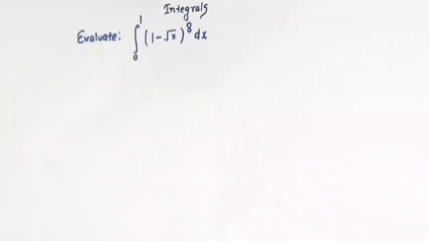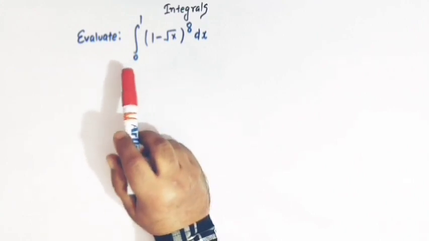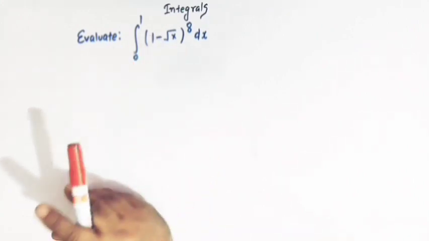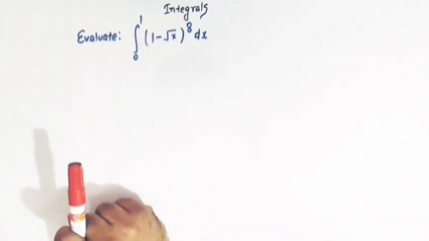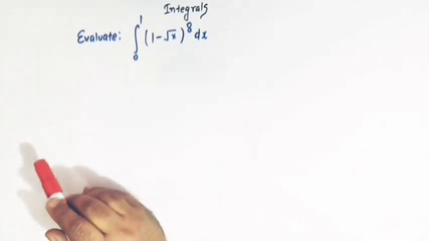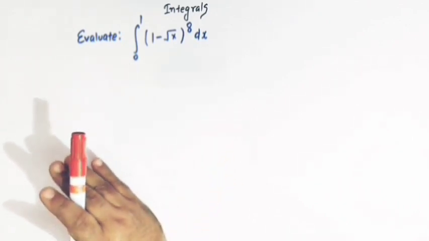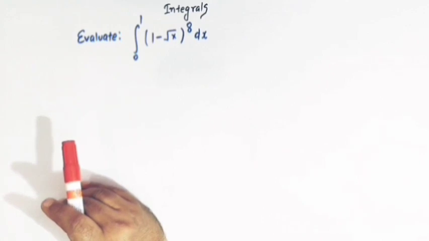Hello viewers. In today's class, we are going to discuss yet another important problem from integrals, right? And in this class, we'll discuss this integral using the concept of beta function, right? So the beta function is also known as Eulerian integral of first kind, right?